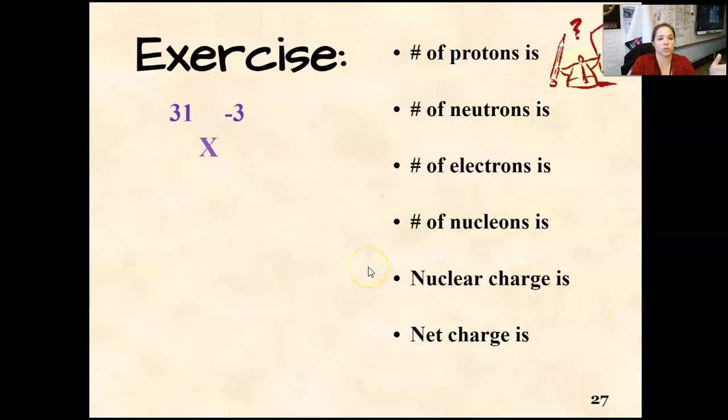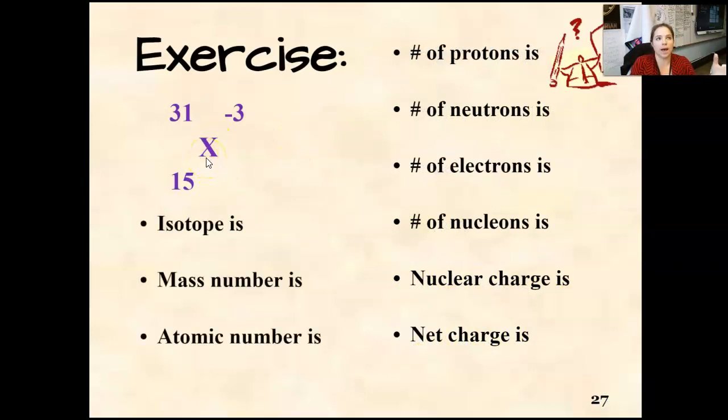Let's look at this exercise real quick. We have this ion X, and it is X-31. Let's figure out what it is. That 15 tells you what it is, and I go over the table and find P, not potassium, phosphorus.